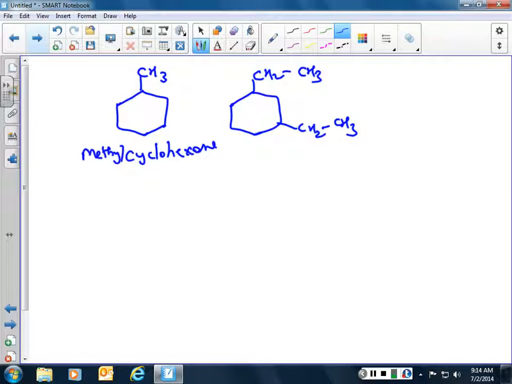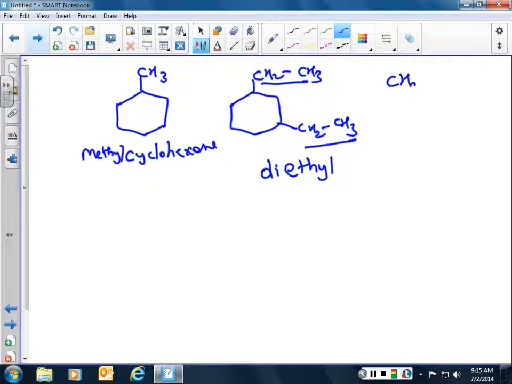So the second one, there are two carbons. See, two carbon branches. It says ethyl. Correct? Can you see that ethyl? Eth means two carbon. So di, there are two ethyl. Yes, exactly. There are two of them on the ring.